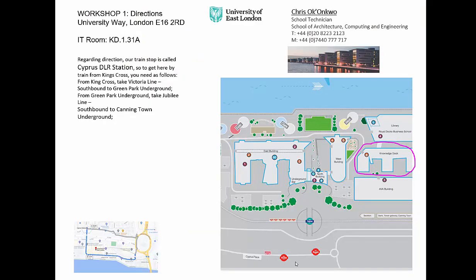The location of East London University is, if you are going by train, probably the best way is to take the line to the Cyprus DLR station, and from there it's about a 5-minute walk to the Knowledge Centre, which I've circled on here, where our workshop will be held.